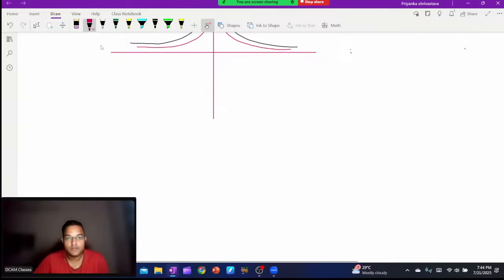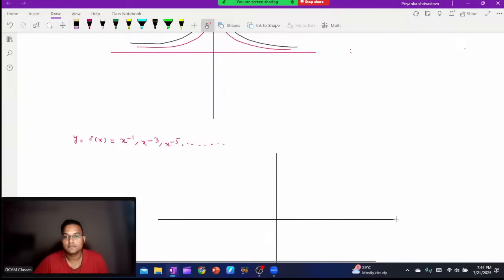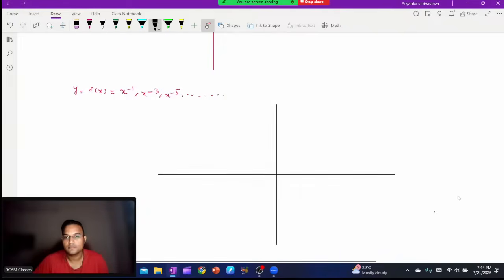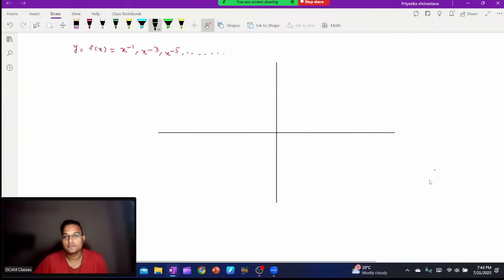So now try to draw the graph of y is equal to f of x is equal to x power minus 1, x power minus 3, x power minus 5. How will it be?